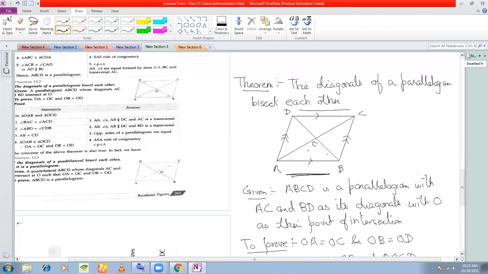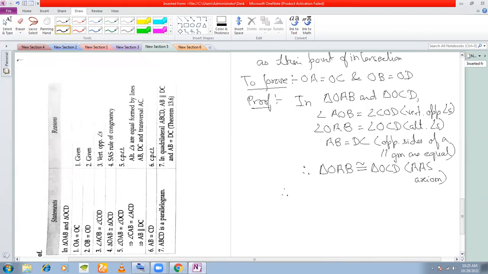See that this angle is equal to this angle, because they are also alternate angles, right? What is the opposite to this angle here? This side. So therefore OA must be equal to OC by CPCT.